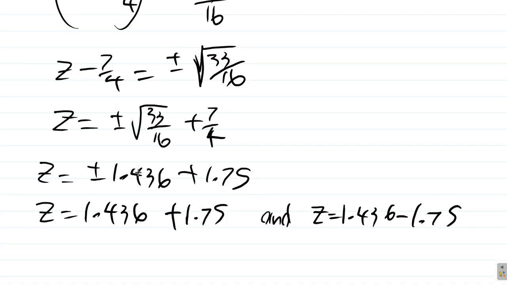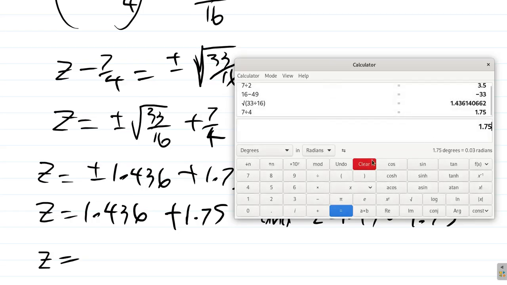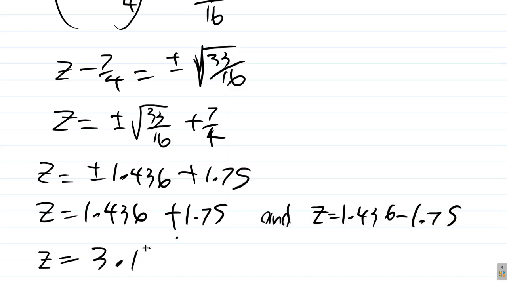Alright. So z is equal to 1.436 plus 1.75. What is that? 1.436 plus 1.75 equals 3.186. And you have, oh, the minus, this is the plus, the minus is in front of this. Mistake, I put that.